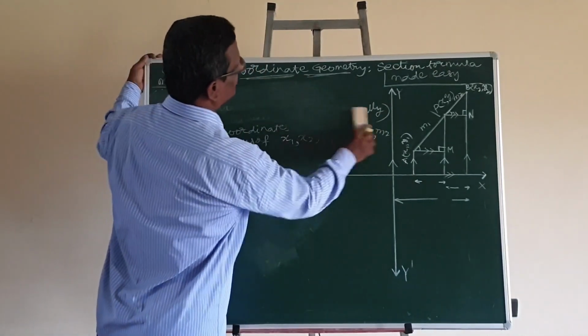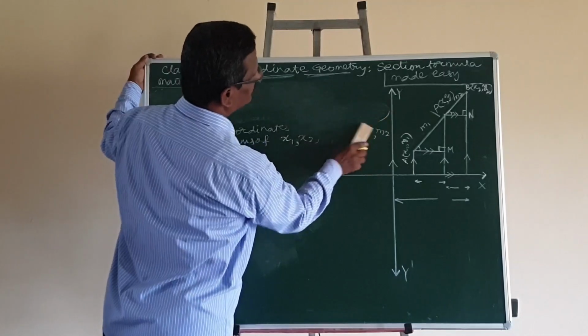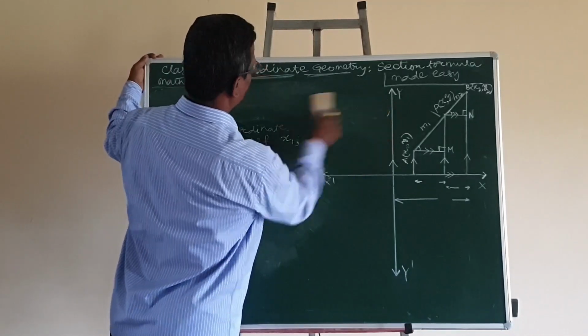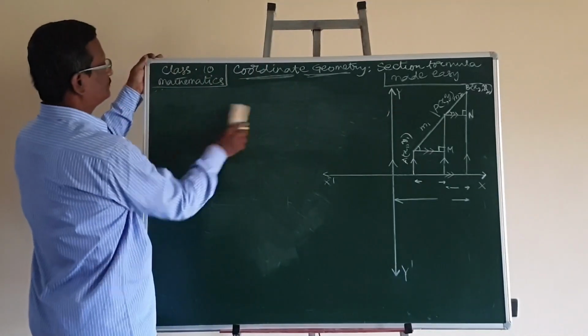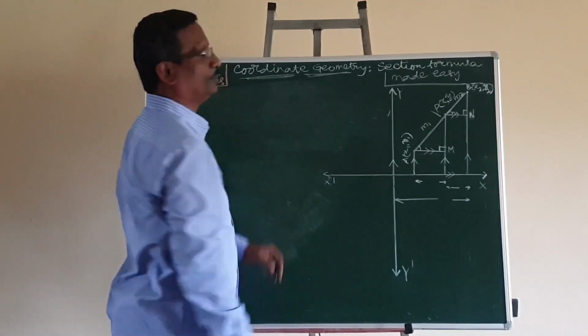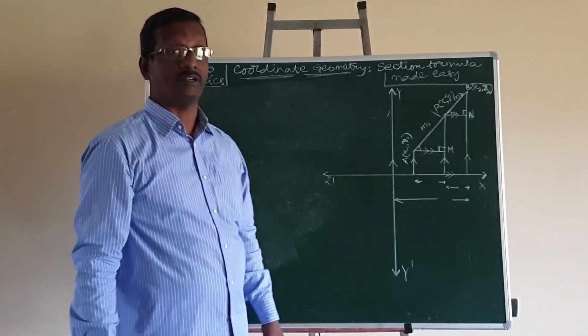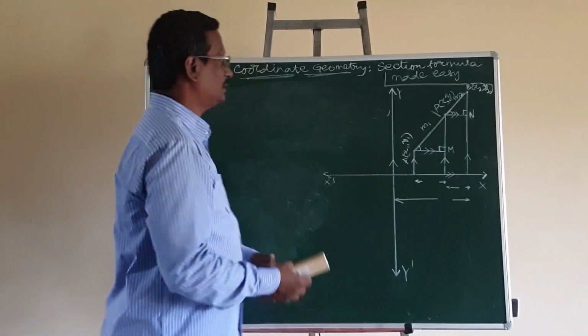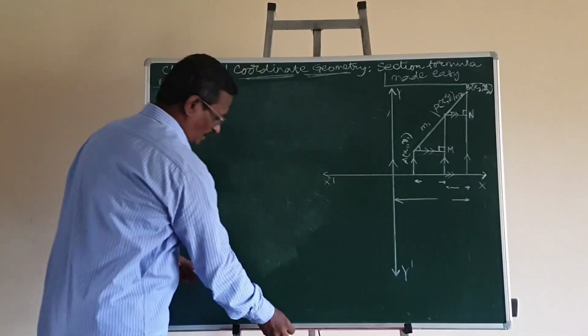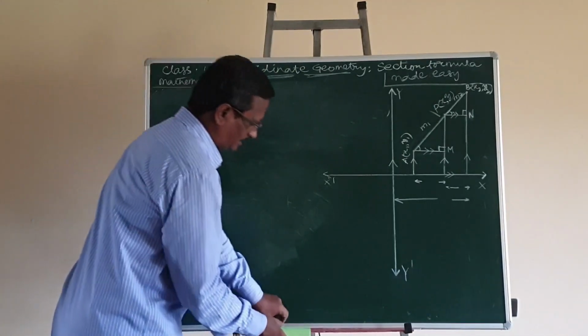To derive the section formula, we need to apply the knowledge of similar triangles also. Suppose there are two triangles.